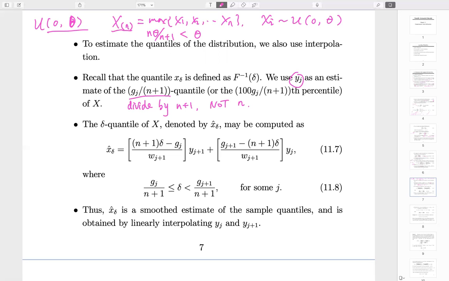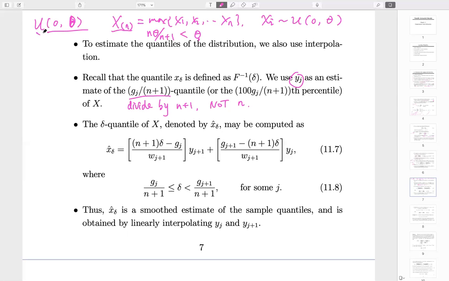That is why we divide by n plus 1, to make it slightly under the empirical distribution. Because for the empirical distribution we divide by n. Here we divide by n plus 1, so we kind of manually lower the level a little, so that for the maximum observation, in our mind, we know that it's not exactly the maximum of the distribution.